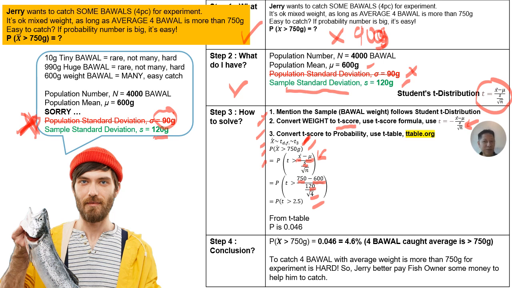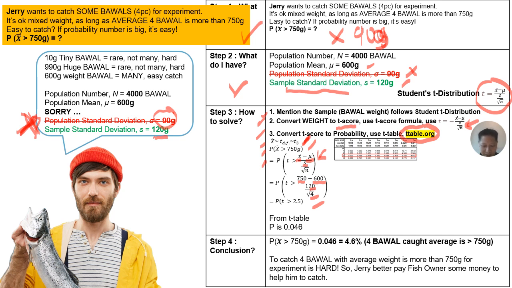Now we want to use not the Z table, we want to use the T table. Where can we access the T table? One place is ttable.org. Go to this website, then a table quite similar will appear here. There will be roughly 4 big steps to find the probability.